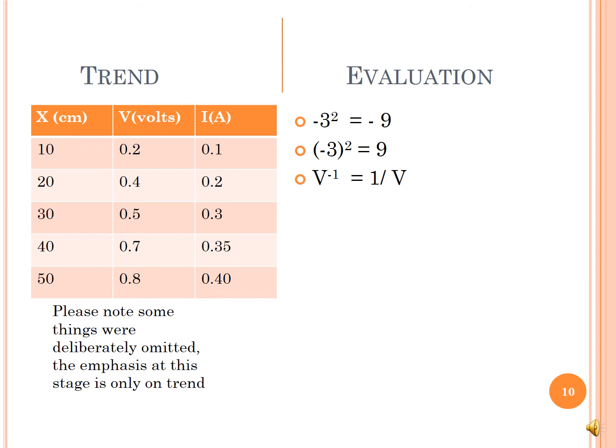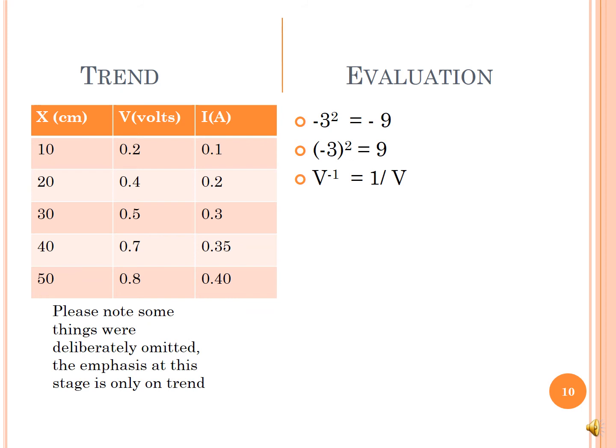Under trend, we talk about as x increases from 10, 20, 30, 40, 50, the voltage also increases: 0.2 to 0.4, 0.5 to 0.7, and 0.8. That's a trend. So whenever we are considering physics practicals, we must put into consideration the trends, the pattern it is following.